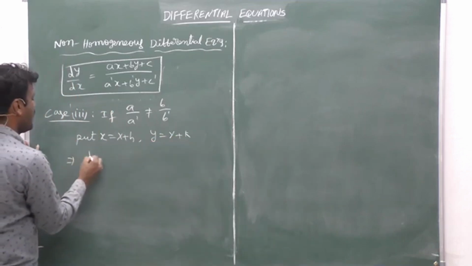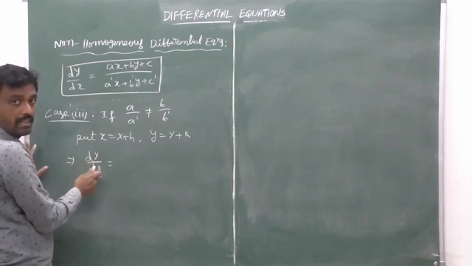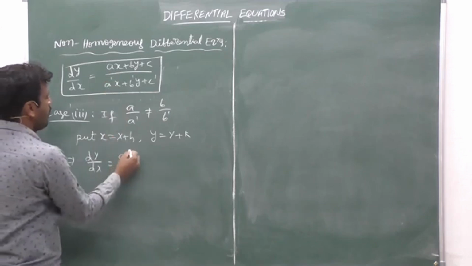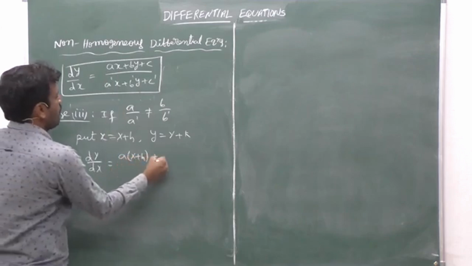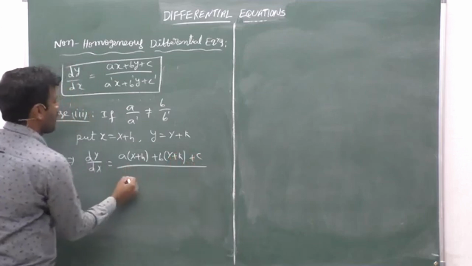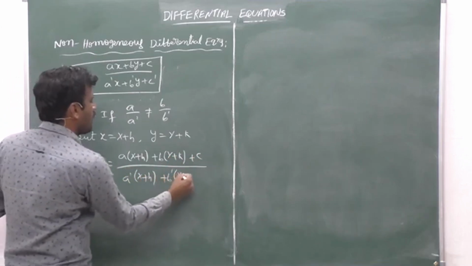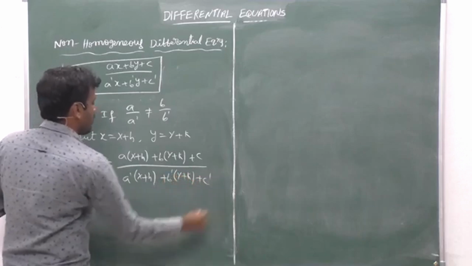Therefore, dy by dx becomes d capital Y by d capital X, a into x plus h, b into y plus k plus constant by a dash into x plus h, b dash into y plus k plus constant.